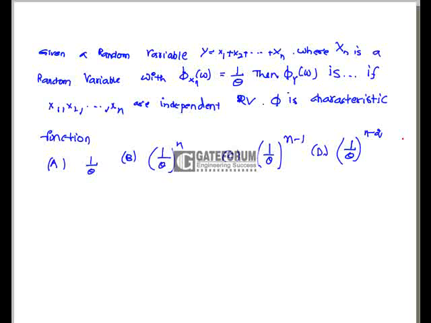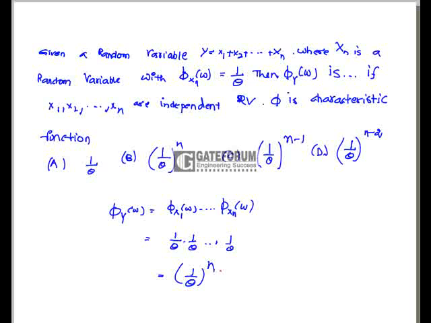So the characteristic function of y is nothing but the product of the individual characteristic functions, that is phi y of omega is equal to phi x1 of omega up to phi xn of omega, which is nothing but 1 by theta, 1 by theta up to 1 by theta, which is nothing but 1 by theta whole power n. That is option B is correct.